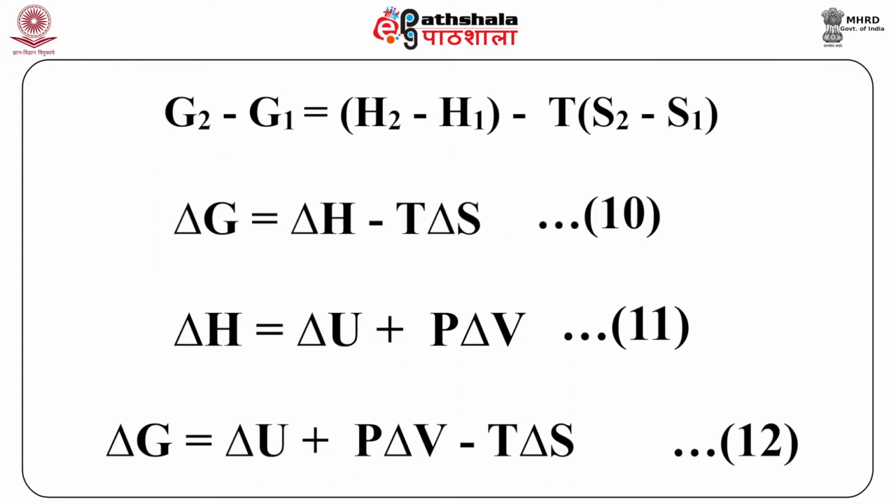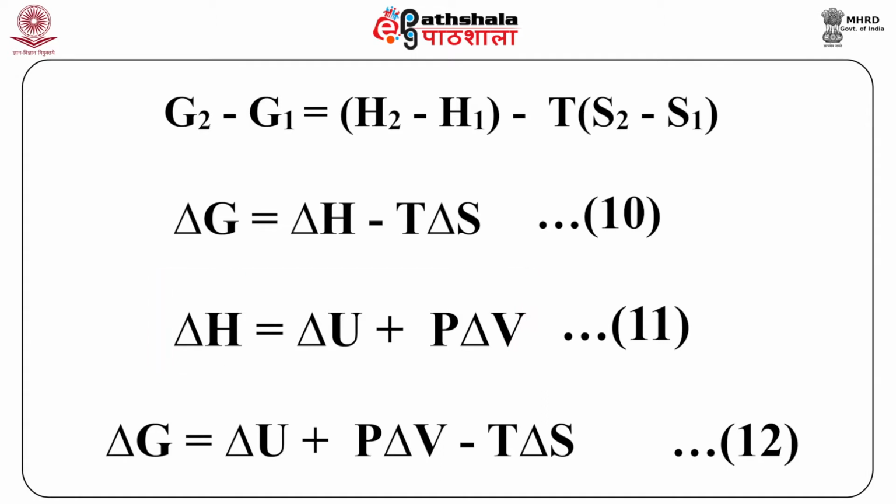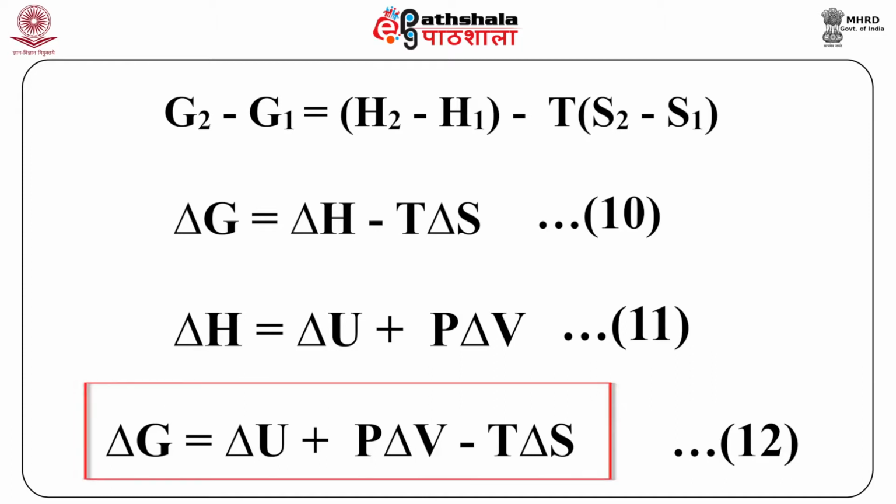Also, the change in enthalpy at constant pressure is given as equation 11, delta H equals delta U plus P delta V. Substituting equation 11 in equation 10, we get delta G equals delta U plus P delta V minus T delta S as our equation 12.